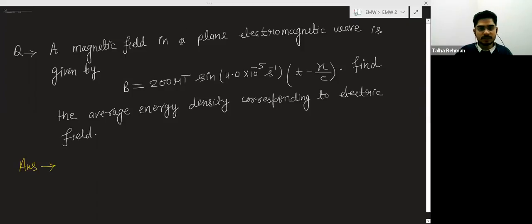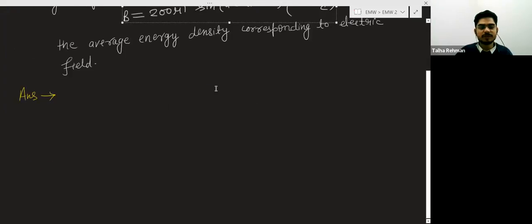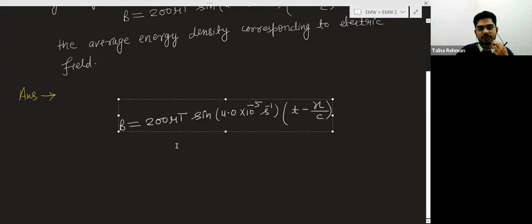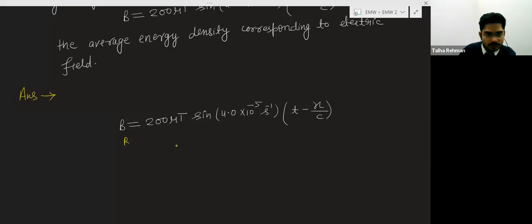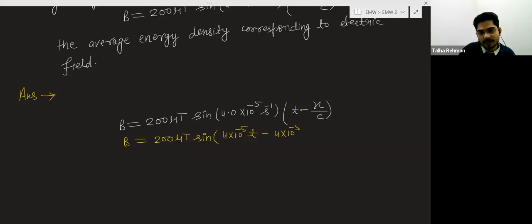The equation of the wave is given in some different format, so we have to change the equation of the wave. So B is equal to 200 micro Tesla sine. I am multiplying this 4 into 10 to the power minus 5 in this bracket, so it will become 4 into 10 to the power minus 5 into t minus 4 into 10 to the power minus 5 by c into x.